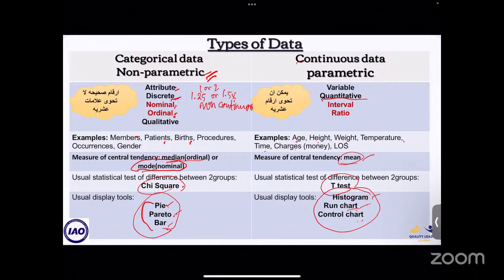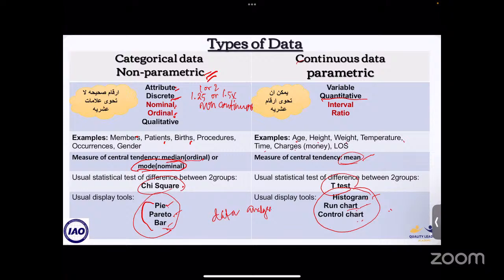For continuous data, use the histogram or the control charts. This includes length of stay, weight, age, or height. So when we solve the questions, it's crucial to understand the data type and the corresponding tools for display. This understanding is essential for data analysis.